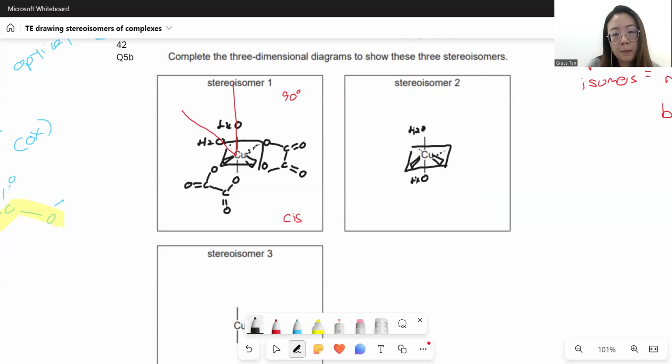Okay, this one, 2 water molecules, 180 degrees apart. This is called a trans isomer.